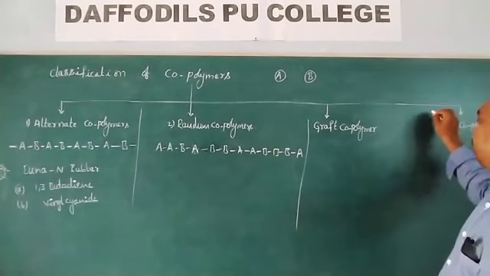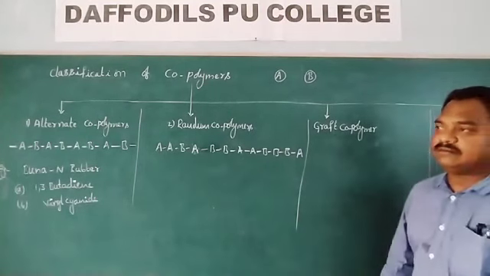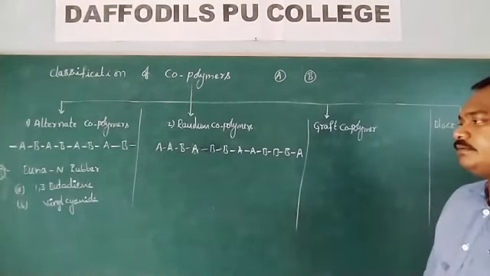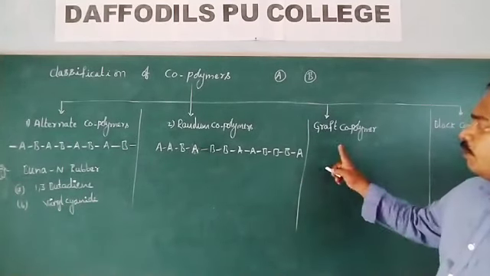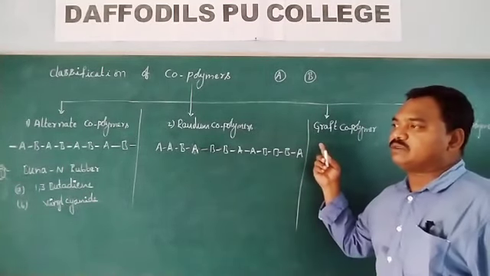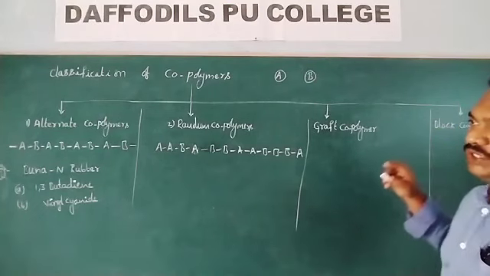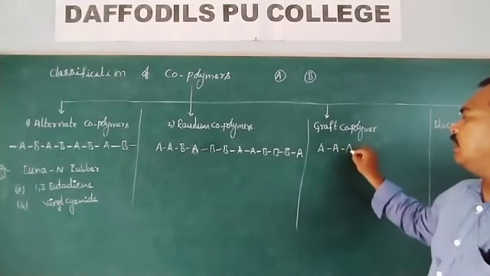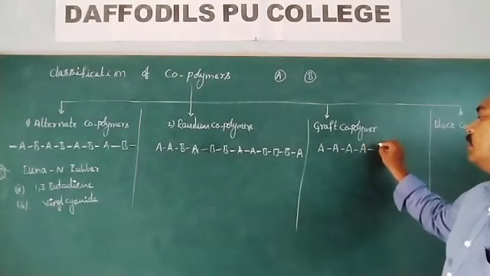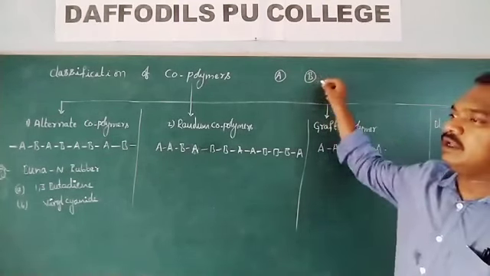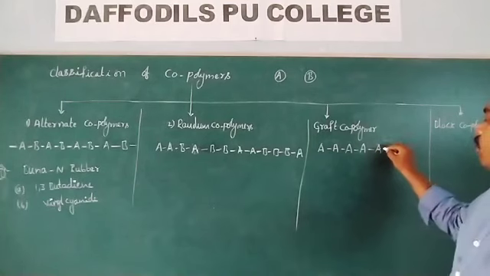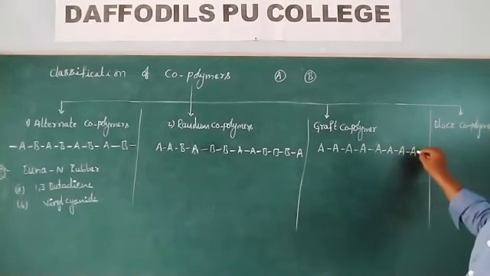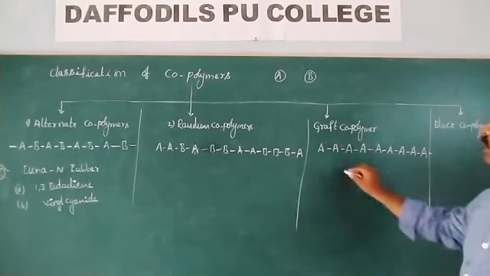Next, look at the graft copolymer. In the case of a graft copolymer, one of the monomeric units forms a lengthy straight chain. Here we have two monomeric units. One of them is A. This A forms a lengthy monomeric chain.